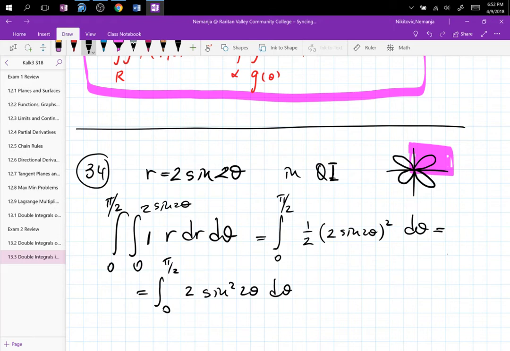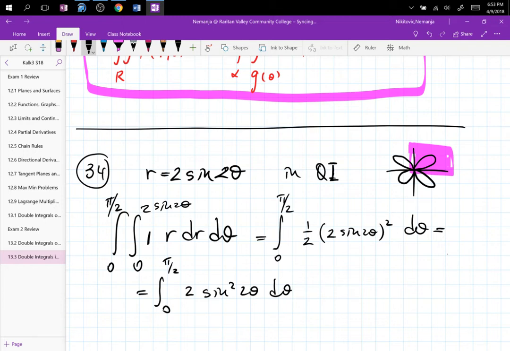And this is the time where you realize that you have to integrate sine squared. How do we integrate sine squared? Power reducing formula. There's nothing else that works. Well, Mathematica, right?